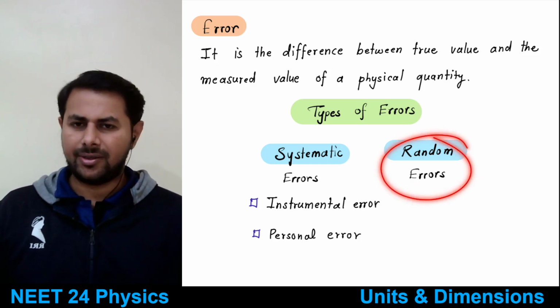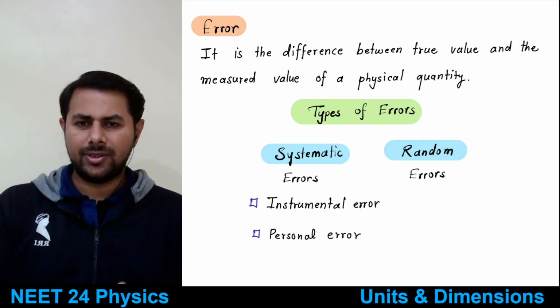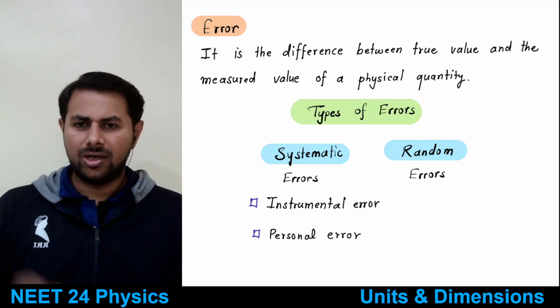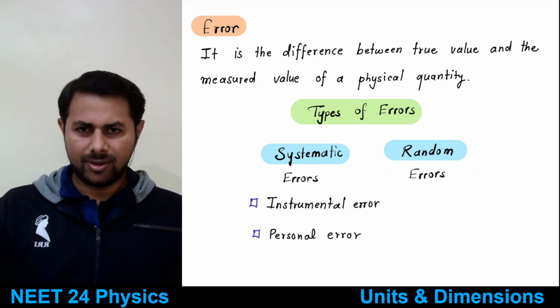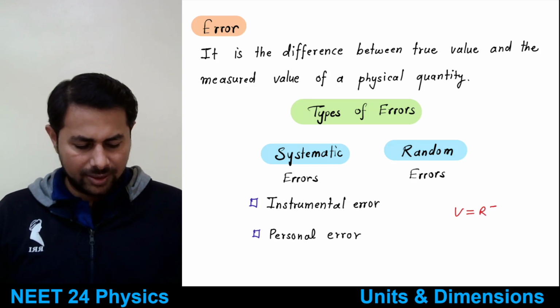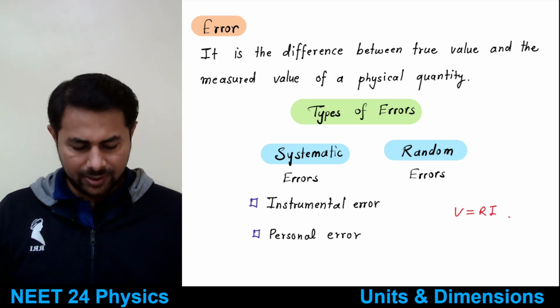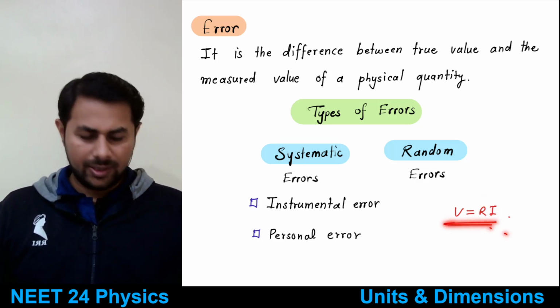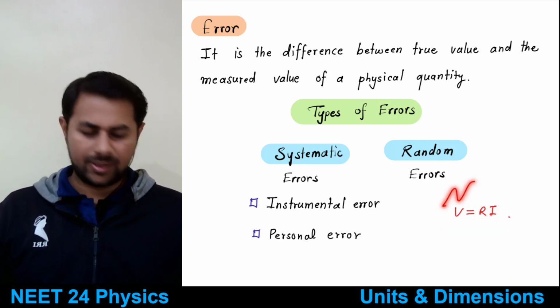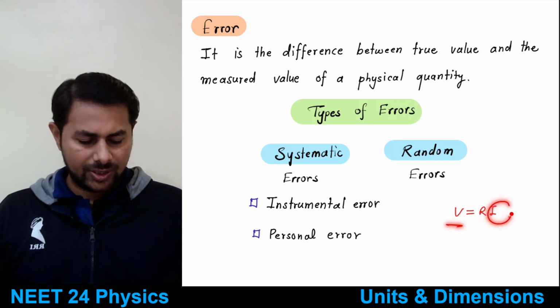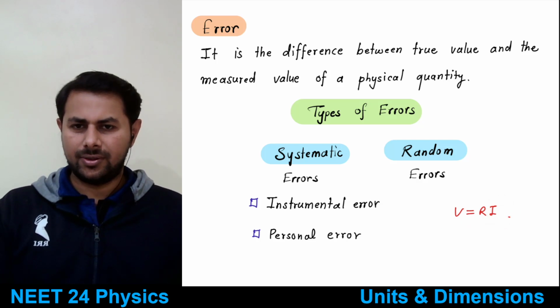What is the random error? Suppose you are doing some experiment, for example measuring the resistance of a wire. You know Ohm's law, V is equal to R into I. You want to measure the resistance of a wire. There are certain fluctuations in the voltage because of which the current will change.